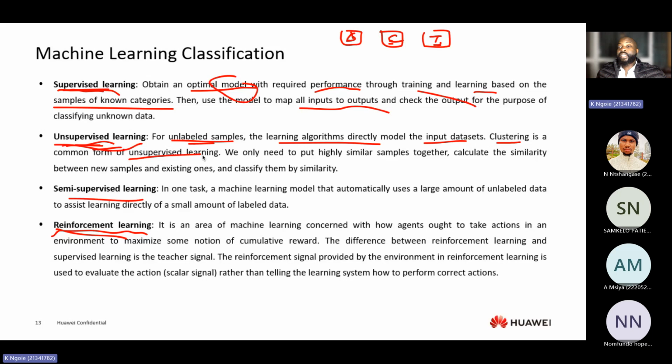We don't tell the machine what type of data we're dealing with. We let the machine discover by itself and create similarities. The machine calculates the similarity between new samples and existing ones and classifies them by similarities. In the case of dogs, cats, and tigers, we just provide these data to the machine without telling it these are dogs, cats, or tigers.